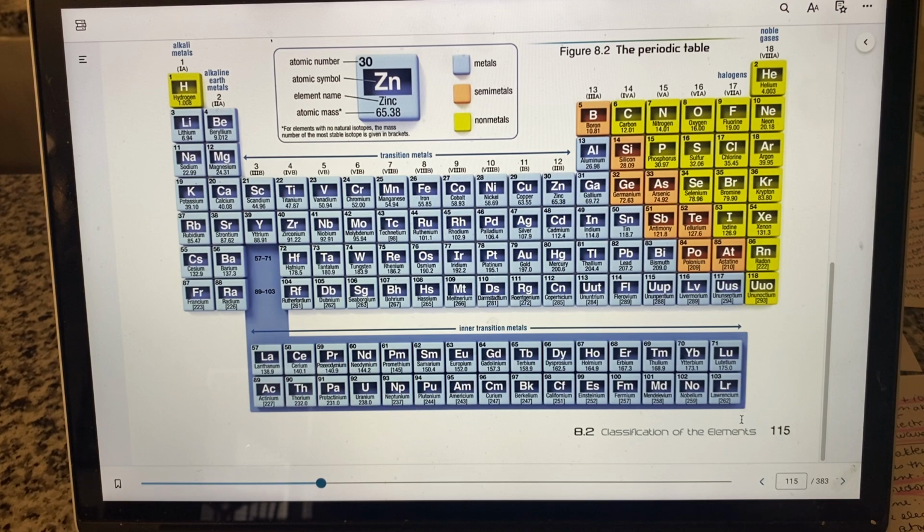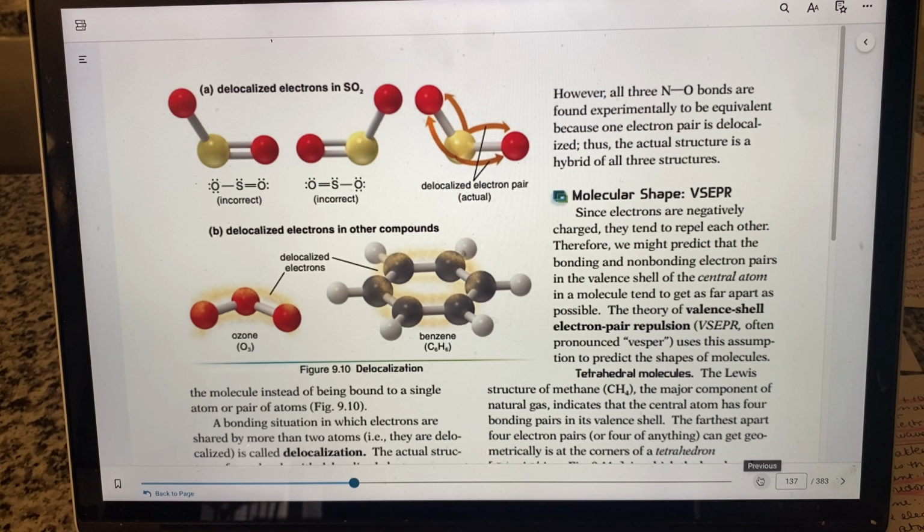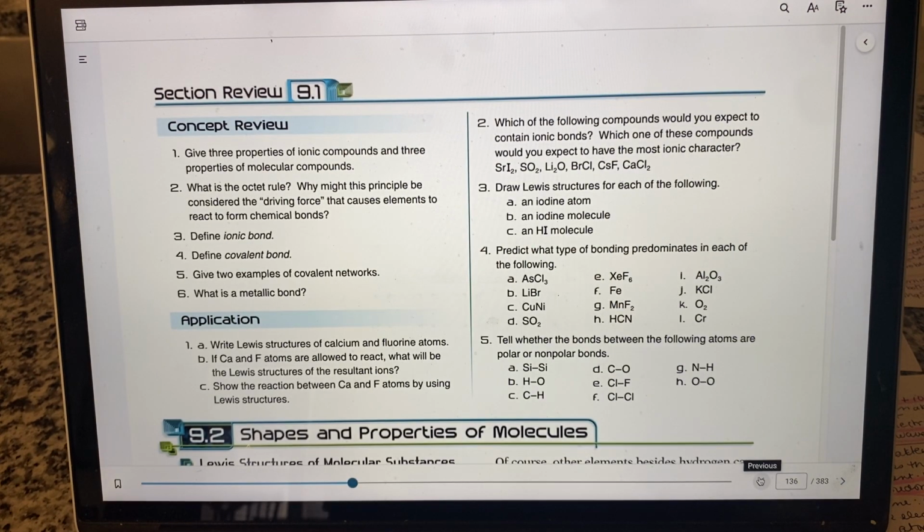And then we have calcium and chloride. Calcium's on this side and chloride's on this side, another ionic. So you get the meaning of all that, okay? Let's go back to our questions. We went over those.